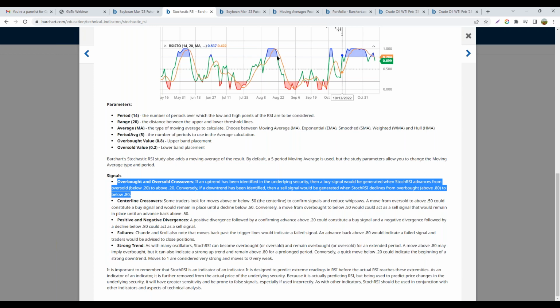Now, what we're going to do is take this signal and add a little twist to it. We're going to drop down from our daily time frame of our futures trading guide, moving averages on 9 and 18, to an intraday time frame. I'm going to use 60 minutes. And what we're going to look for is that contrarian price movement.